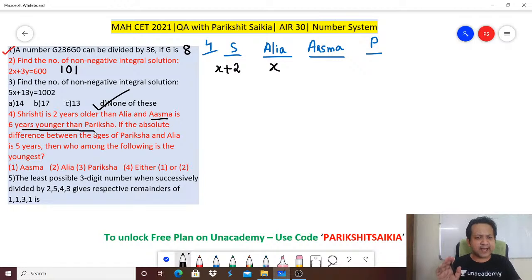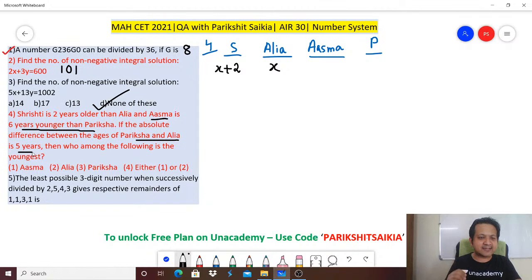So let's read the entire question. If the absolute difference between the ages of P and Alia is 5 years, be very careful. Absolute difference means you do not know who is the eldest. It only says the difference between Pariksha and Alia is 5 years. So there are 2 possibilities.